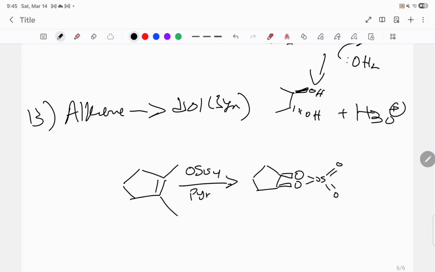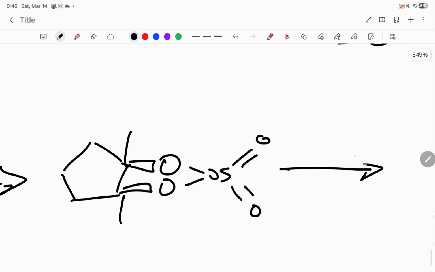There you go. There's my osmate intermediate. Noticing that I have a CH3 on both of these sides again. And there's a reductive workup required when I use sodium HSO3 minus in aqueous solution.